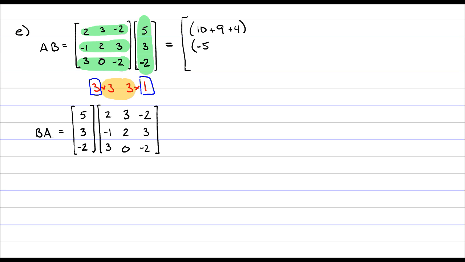Minus 1 times 5 plus 2 times 3 plus 3 times minus 2. Okay, now last row, and then the first column, or really the only column. 3 times 5 plus 0 plus minus 2 times minus 2. And then collecting all of those together and doing the final calculations, I'm going to get 23, minus 5, 19.